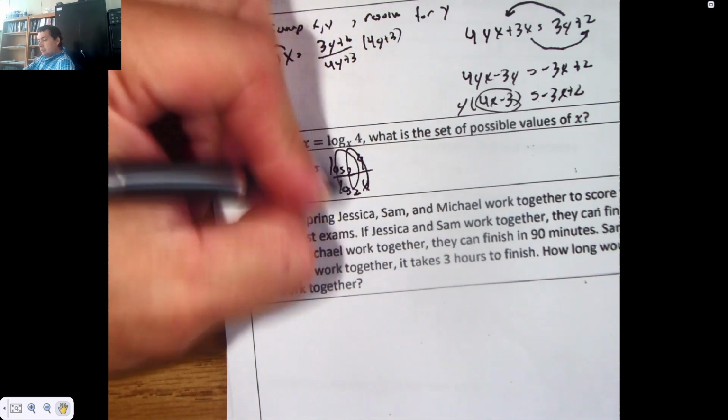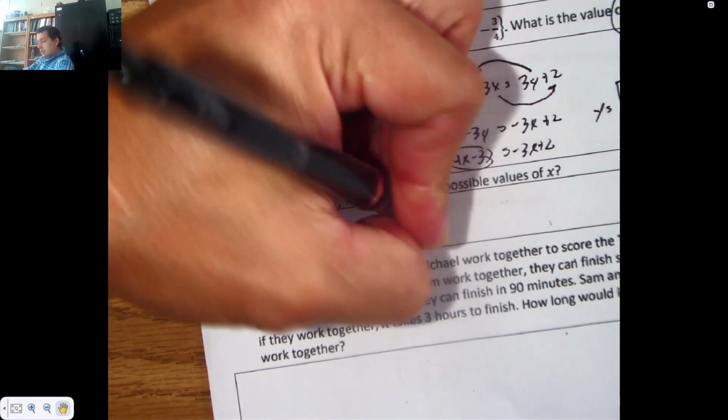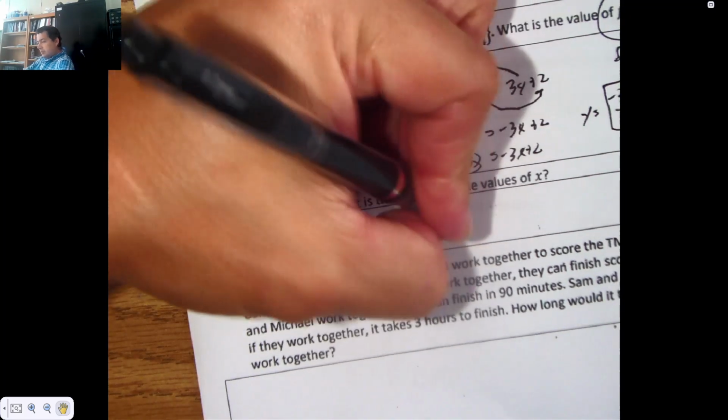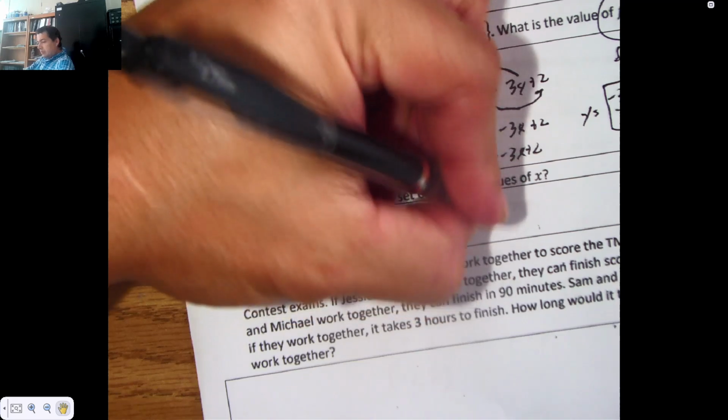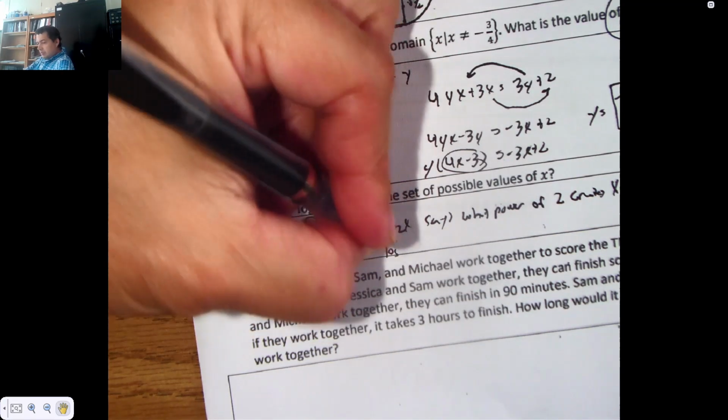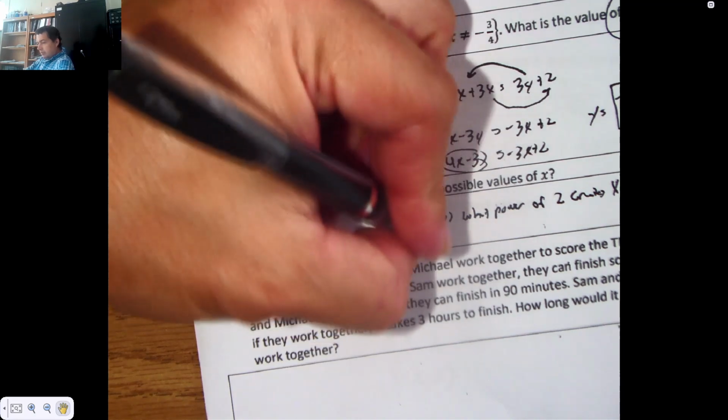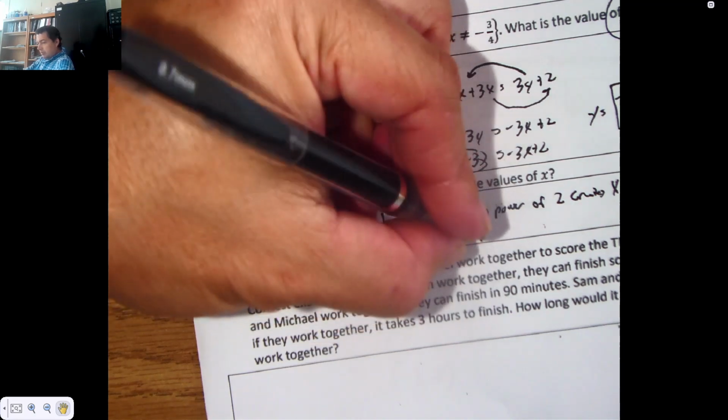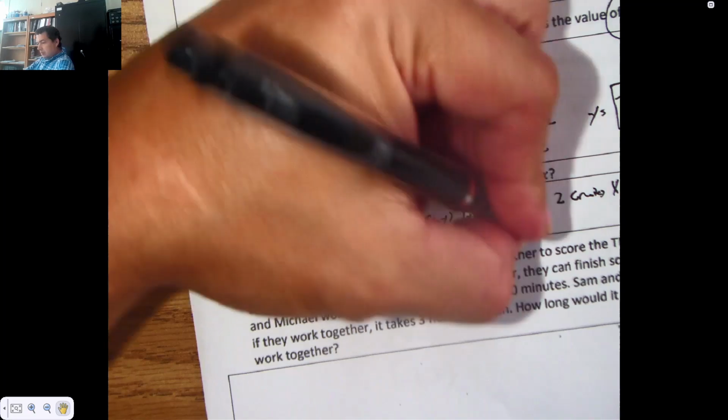Actually, I think I'm just going to redo this. Log base 2 of x says what power of 2 creates x? Log base x of 4 says what power of x creates 4?